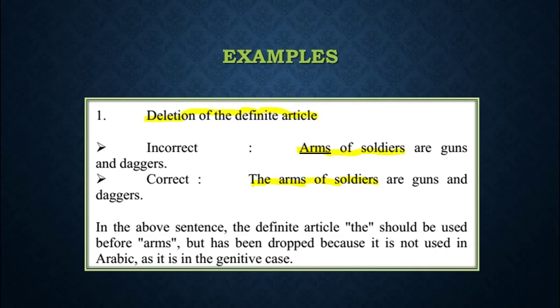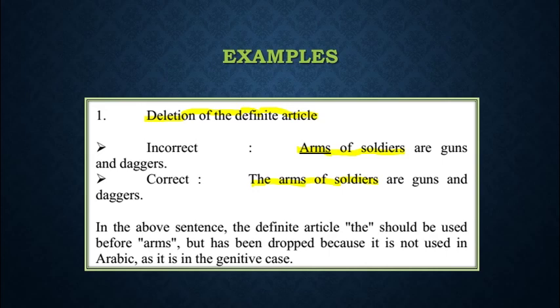Because if you consider the Arabic version of this sentence, you will say أسلحة الجنود, not الأسلحة الجنود. It is أسلحة الجنود, which, as you see here, doesn't have تعريف, it doesn't have a definite article, right? So this is what happened.